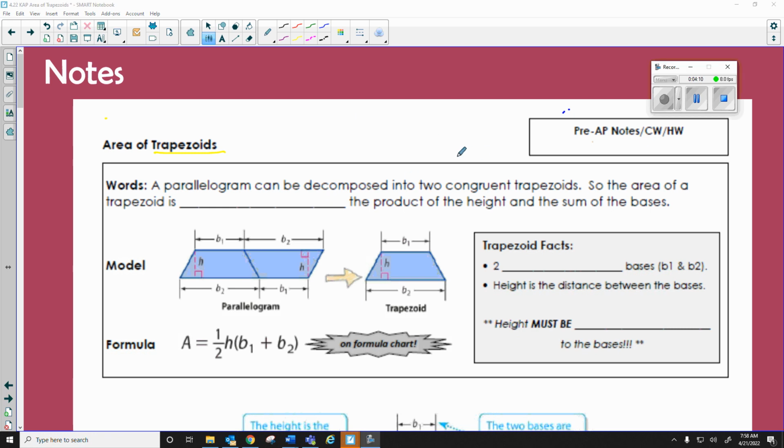All right, so with trapezoids, it all stems off of the base times height formula that we looked at yesterday, meaning that we can get the trapezoid formula from the parallelogram. As we see right here, whenever we find the area of a trapezoid, it can stem off of a parallelogram.